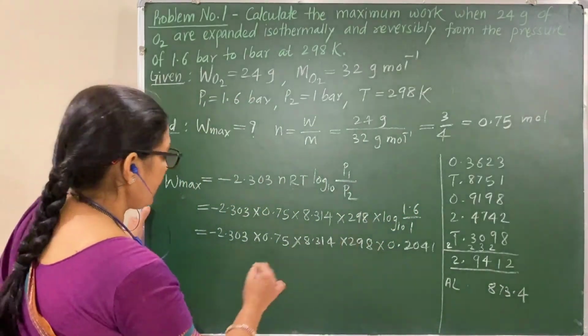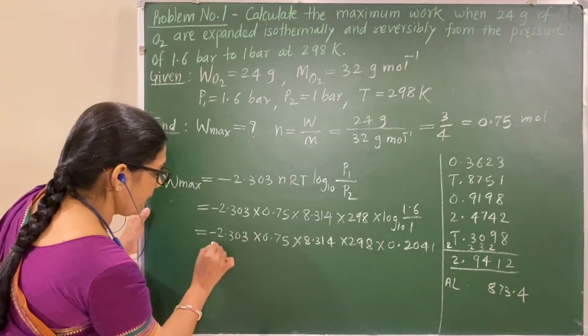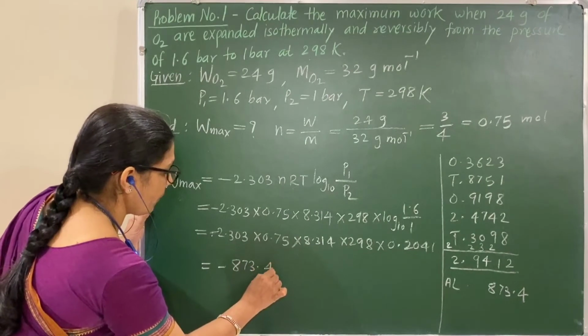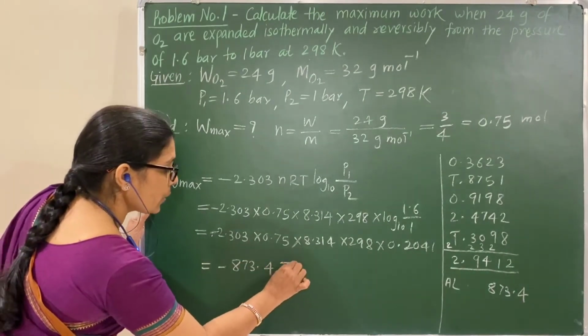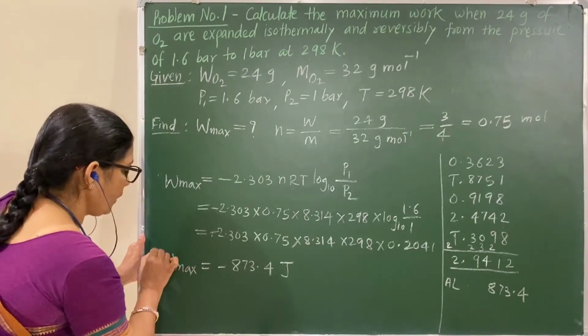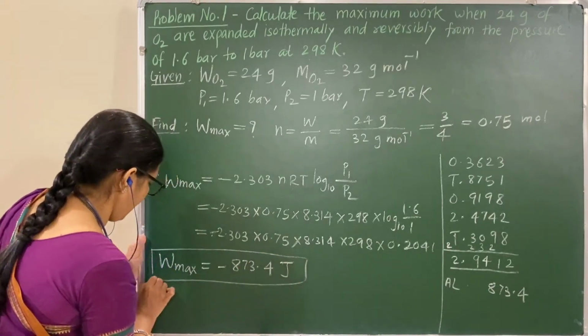Okay, that is minus 873.4. The unit is joule. Therefore, W max is this one.